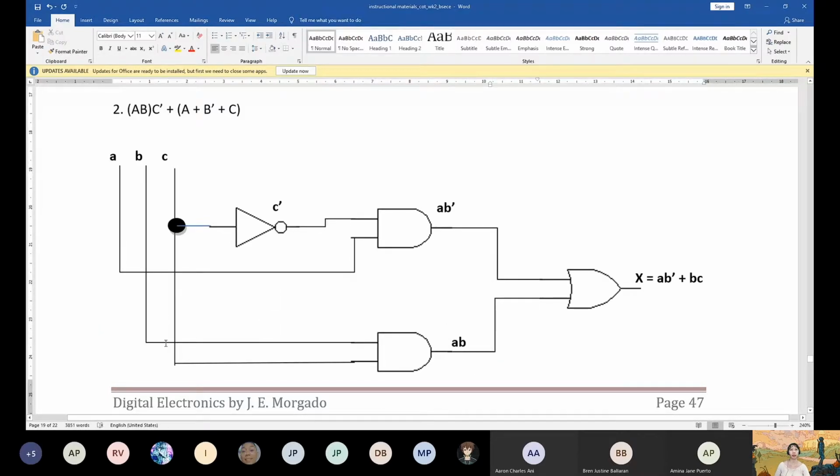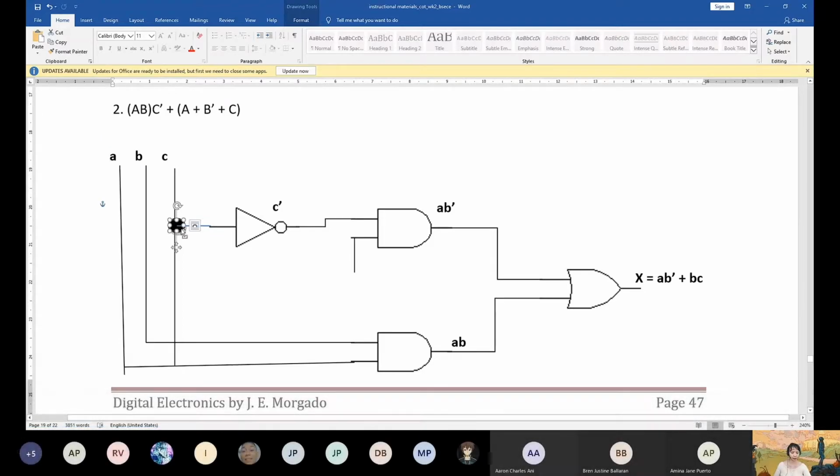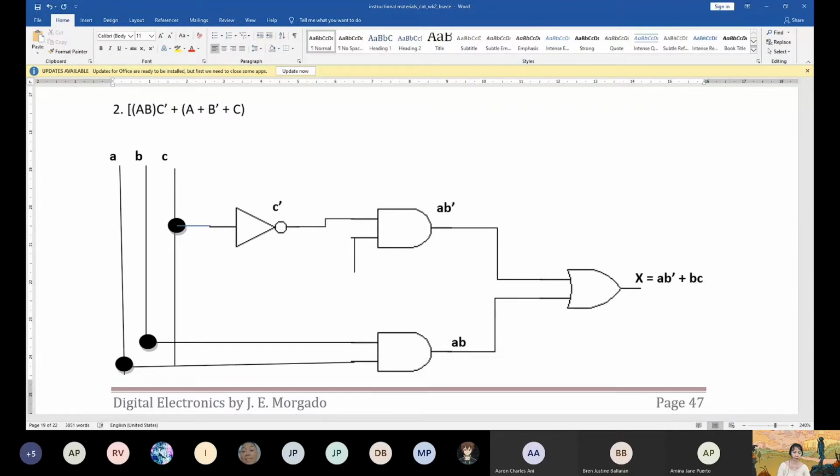Okay, to indicate connection, this is AB, and then what's next? AB times C prime.